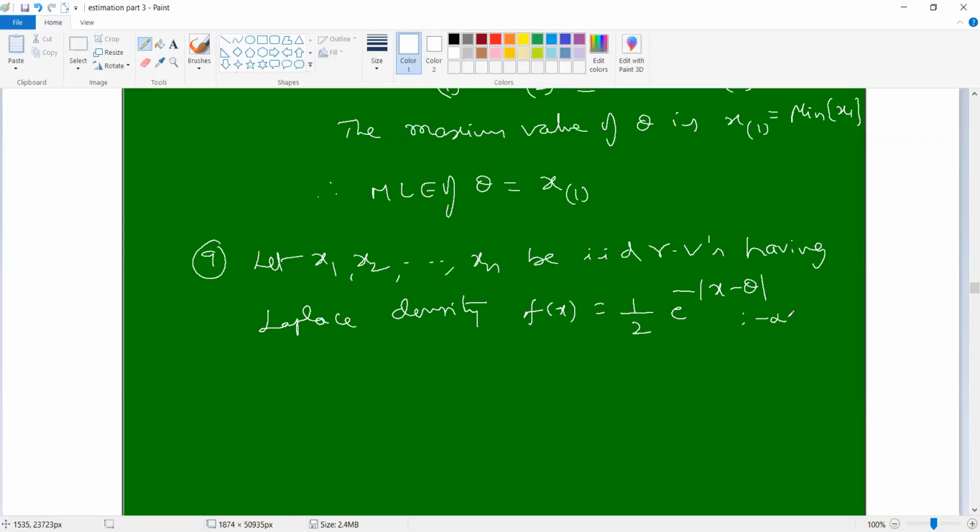The limits are minus infinity to plus infinity.